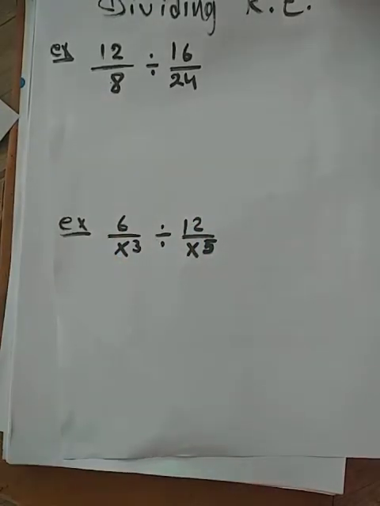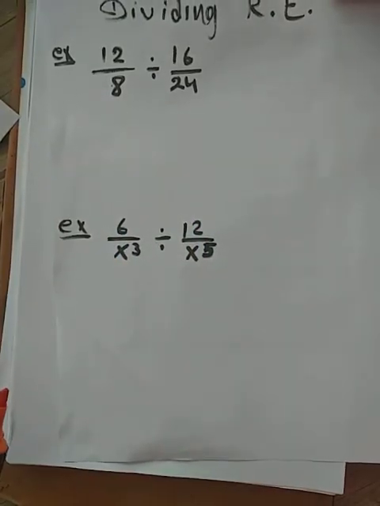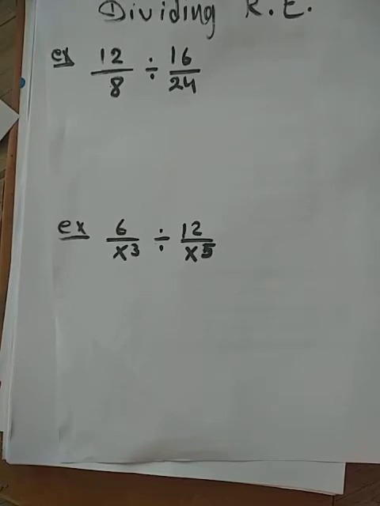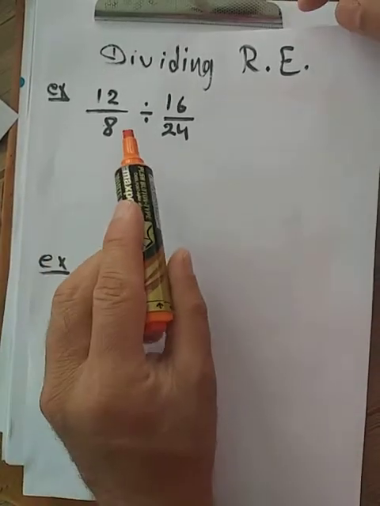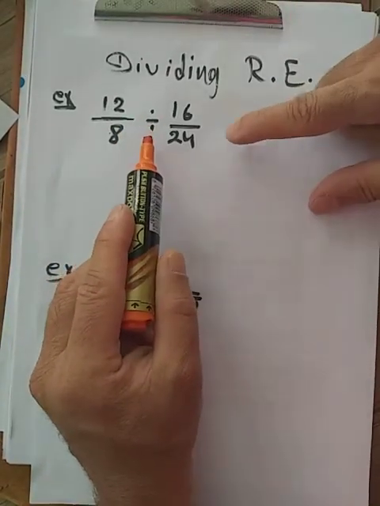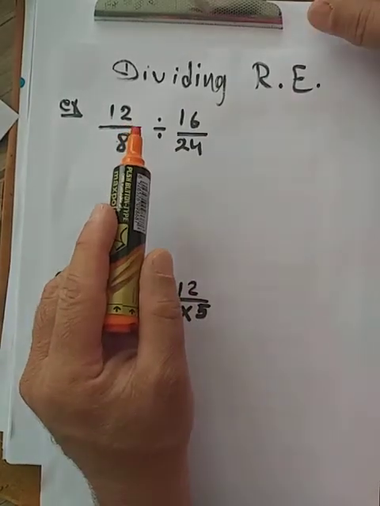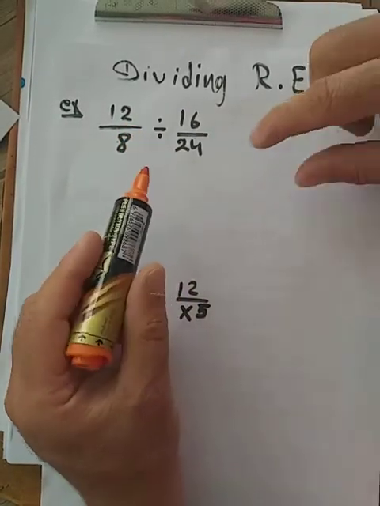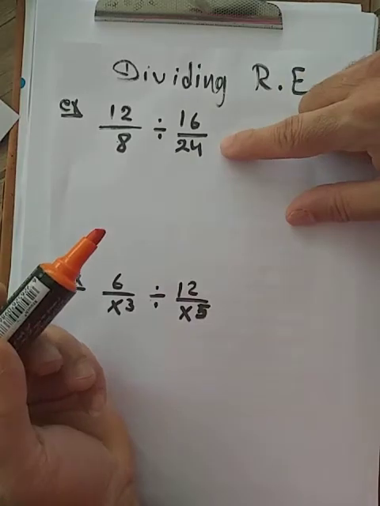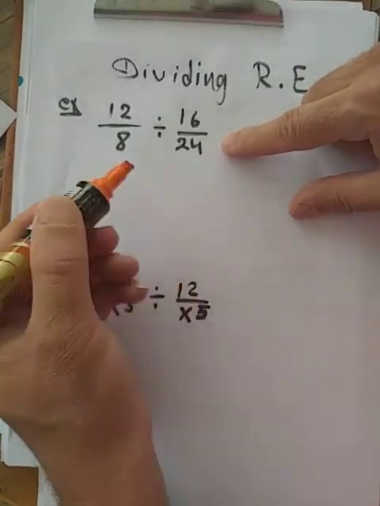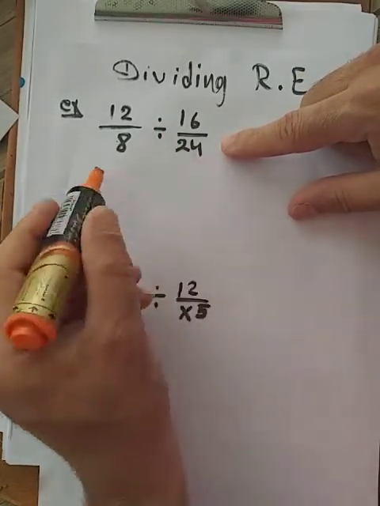As you know, in grade maybe 6, 7, 8. Now if we have this fraction, a rational number, how can you simplify this one? We have division.